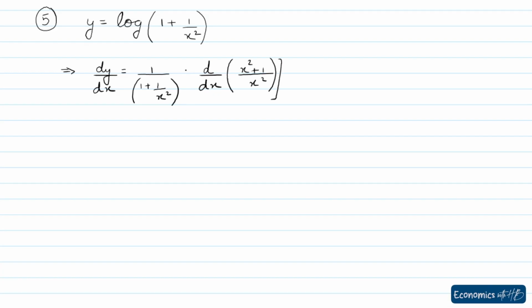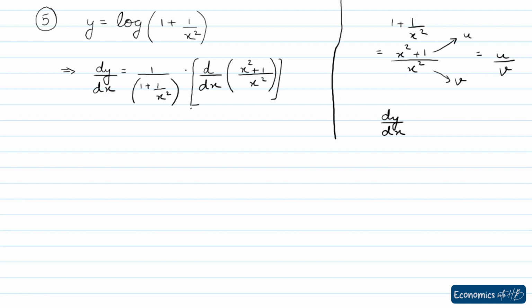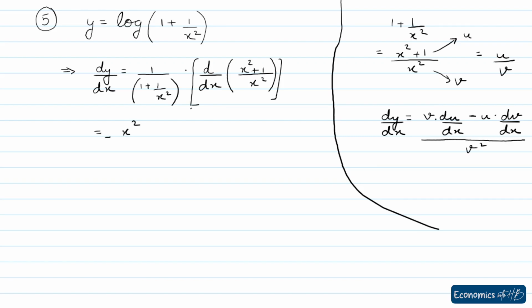So if you see here, 1 plus 1 by x square can be written as x square plus 1 by x square. We can take these as two separate functions, u by v. So x square plus 1 is u and x square here is v. And we apply the quotient rule here, v du by dx minus u into dv by dx over v square.